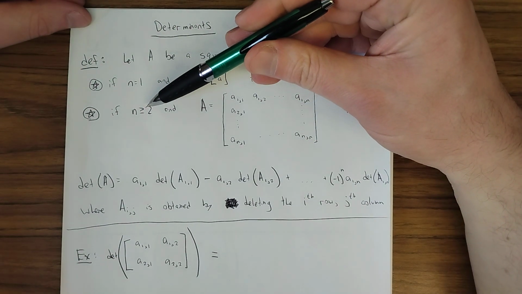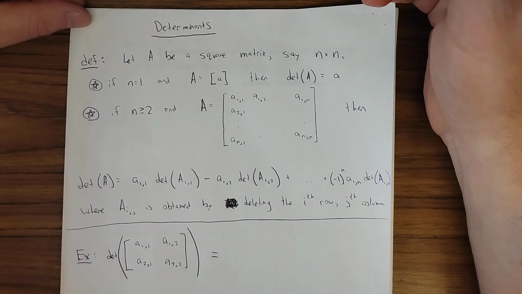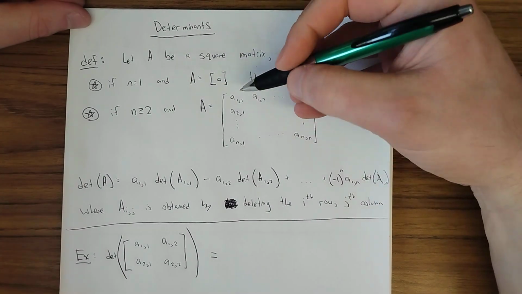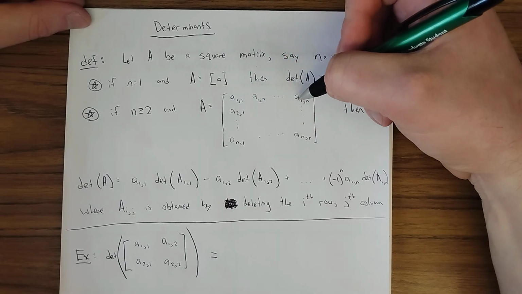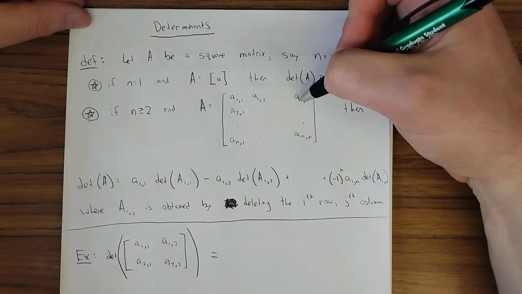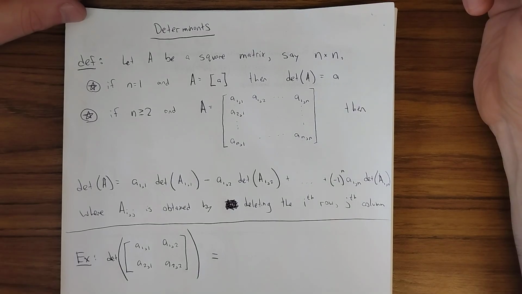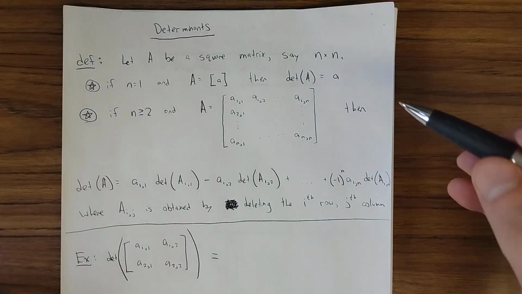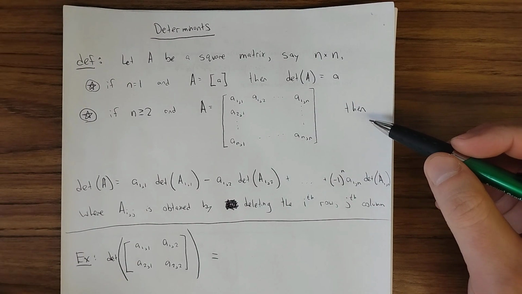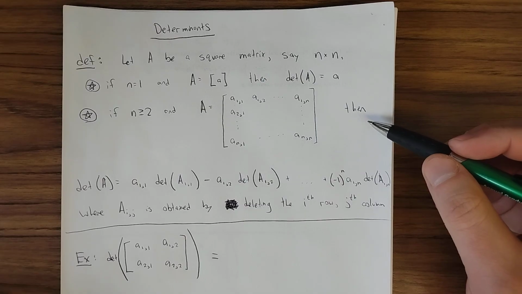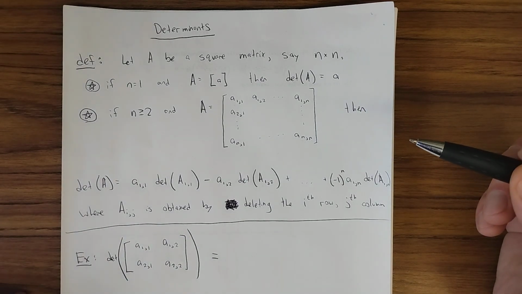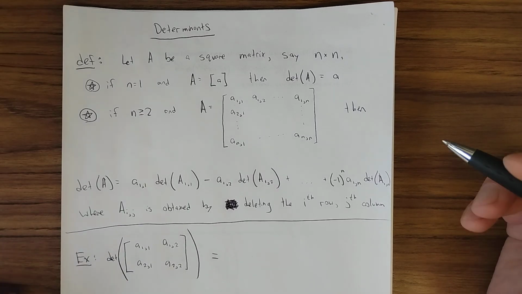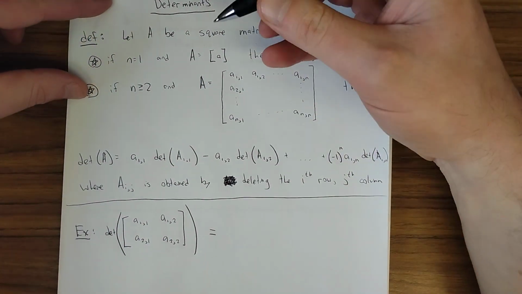When n is bigger than 1, things start to get complicated. So let's say that A is, here are the entries of the matrix, and it's n by n, so it looks something like this. Then the definition I'll give you, and we're going to learn many different equivalent ways to do this, is like so.